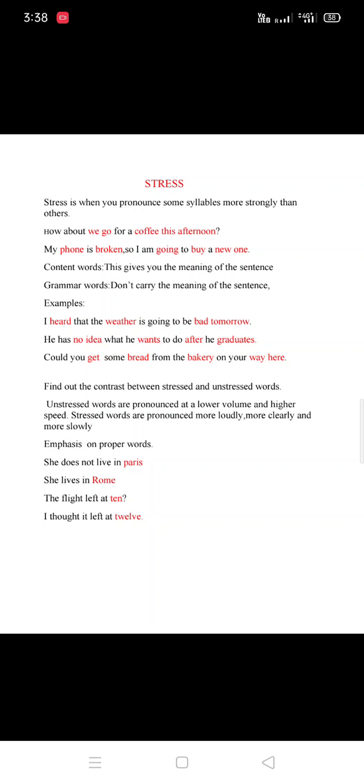So what is stress? Stress is when you pronounce some syllables more strongly than others. More strongly means more loudly, more clearly, and more slowly.